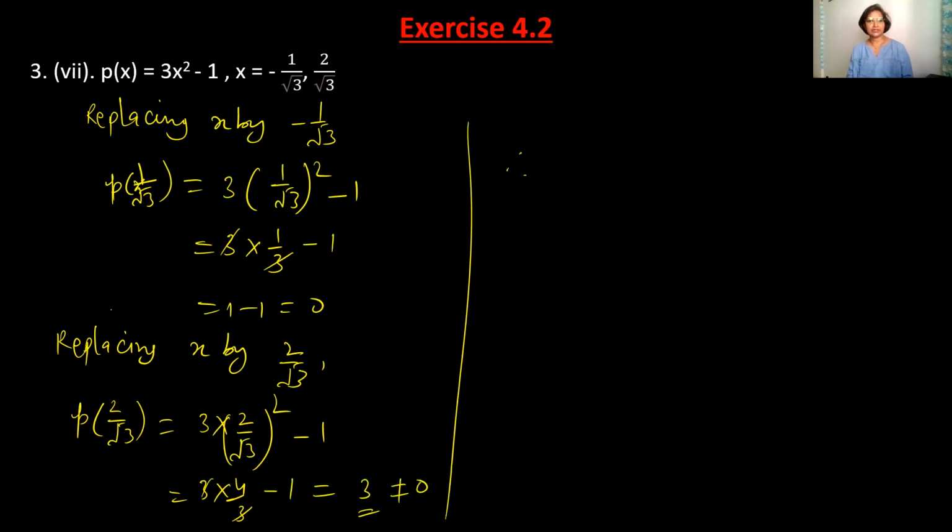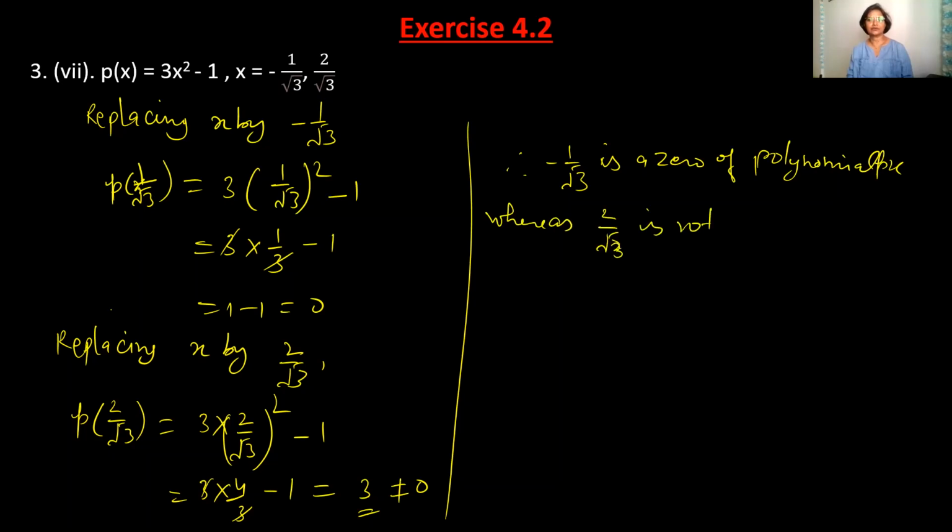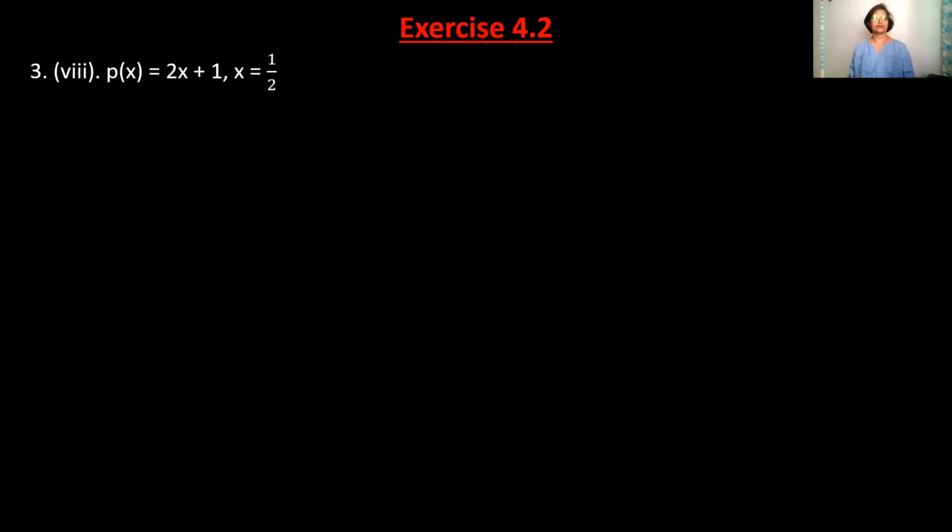So you can write minus 1 upon root 3 is a zero of the polynomial P(x), whereas 2 upon root 3 is not a zero of the polynomial. Right? So this is the question which we have solved.